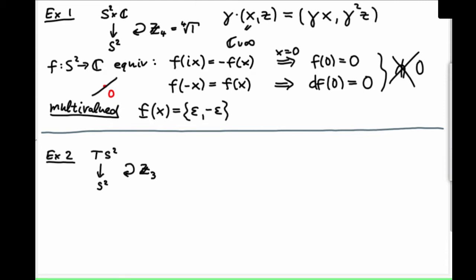Then, no matter which gamma I plug in here, this is always going to be symmetric under multiplication with -1 or whatever. So I have no zeros, so still my zero set, even if I mod out by the Z4, is the empty set. So my count is still 0. Sadly.